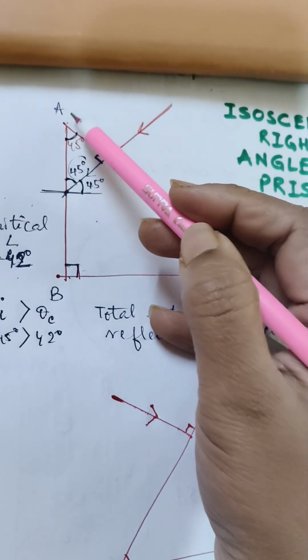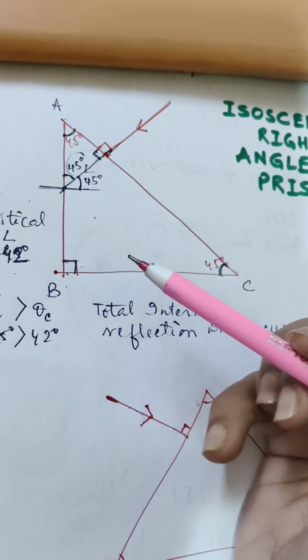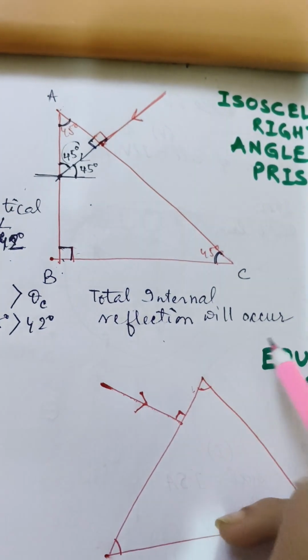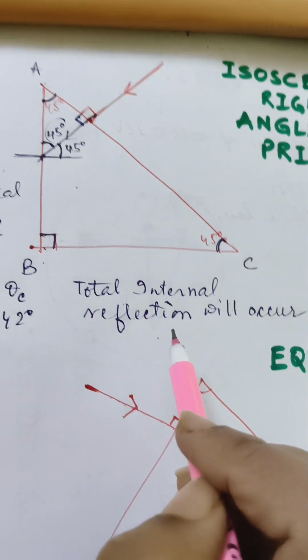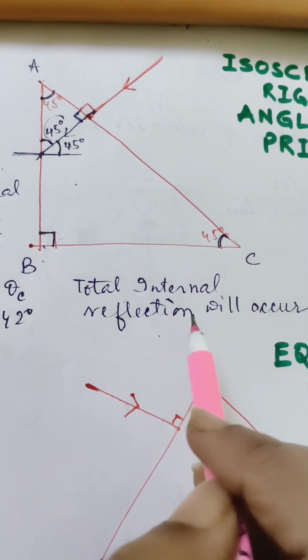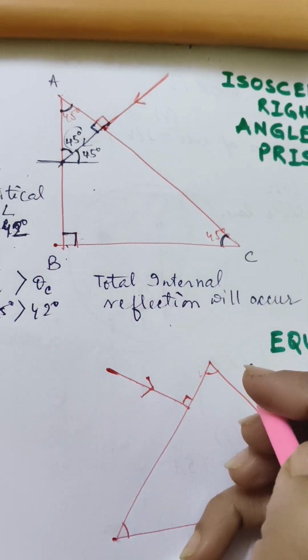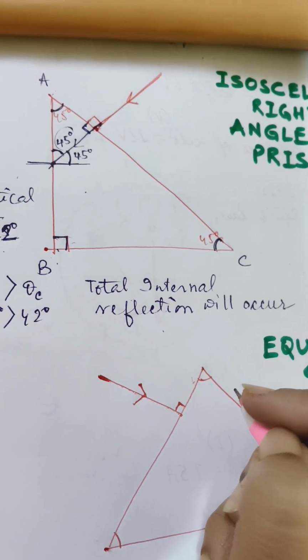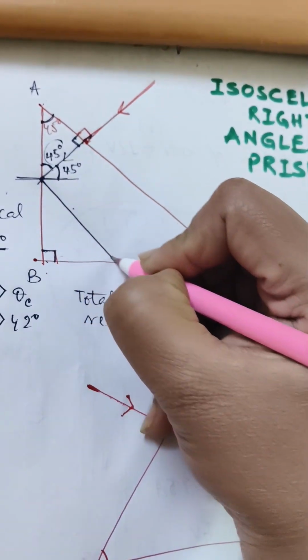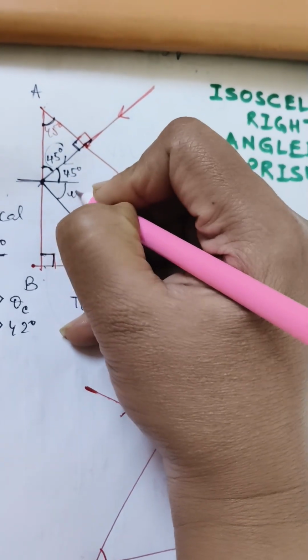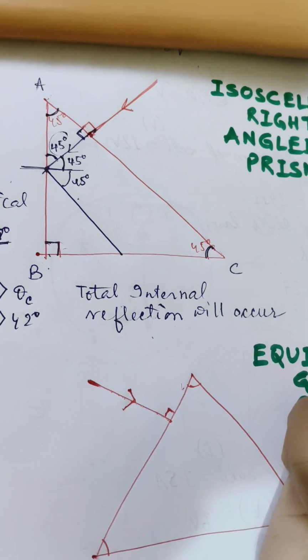Therefore, from surface AB, total internal reflection occurs. That can be written as a note once you face this kind of problem. Otherwise, only tracing the path of the ray is important. So it obeys ordinary laws of reflection, and this again becomes 45 degree.